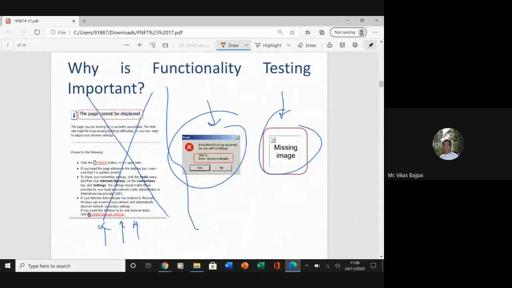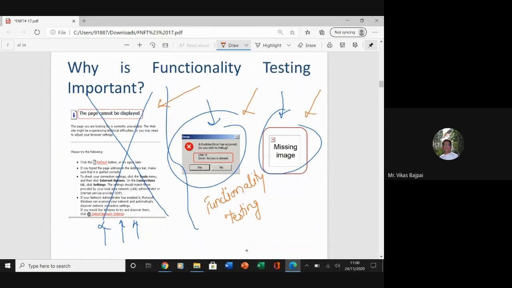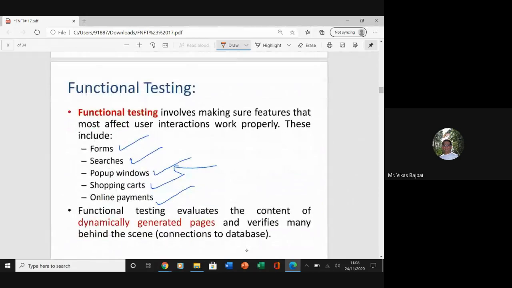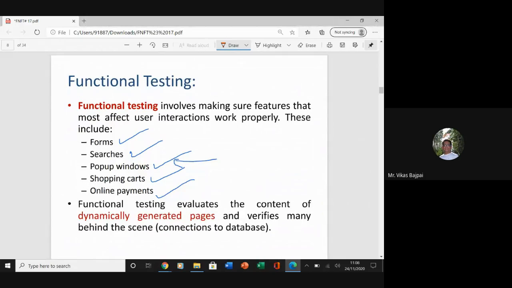Then we said, why is it more important, right? Why is this functionality testing very crucial? So we said that we don't want to see all these kind of errors, right? So that's why the functionality testing becomes very important. Then we talked about your functional testing, right?